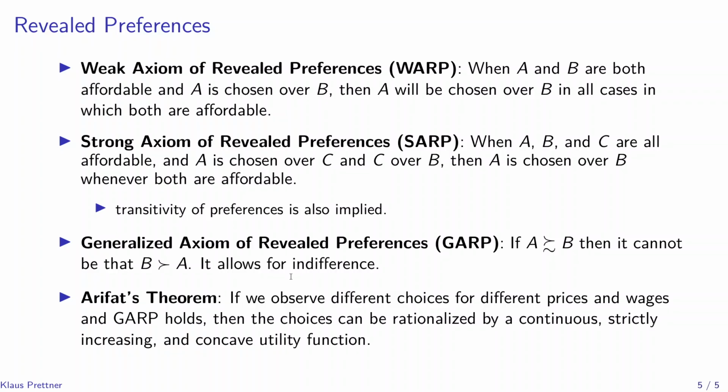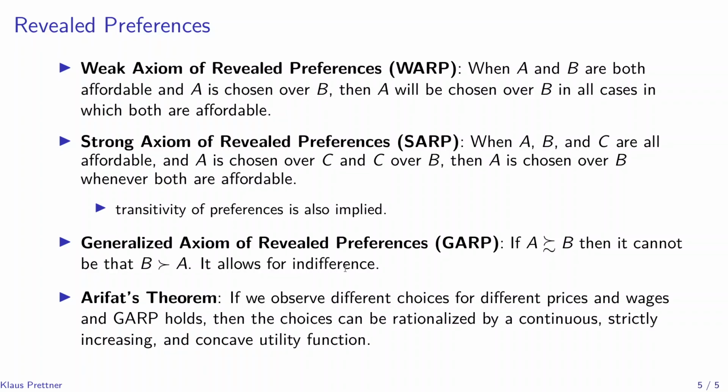Then we have the generalized axiom of revealed preferences, GARP, and that states that if A is either strictly preferred over B or the consumer is indifferent between the two, then it cannot be the case that B is strictly preferred over A. So this basically allows for indifference, which the previous ones did not allow for.